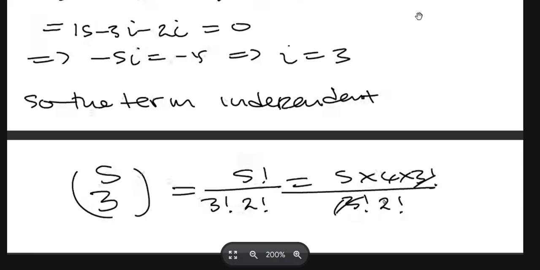So these two cancel out. Then here is 1, this one is 2. So the answer is 10.